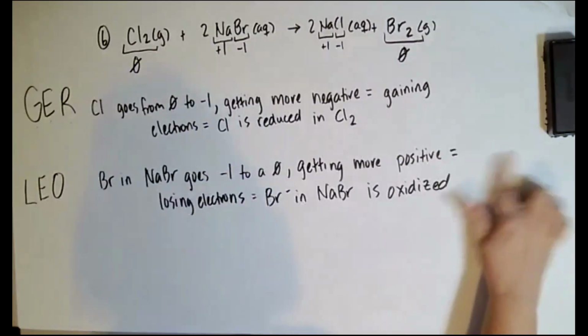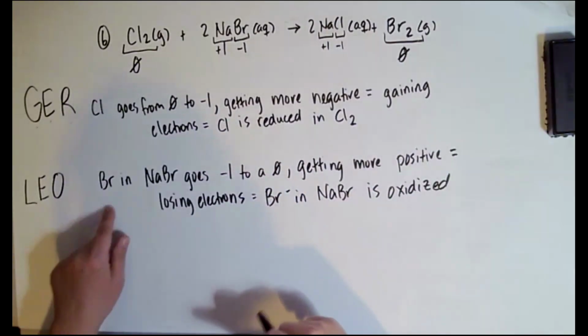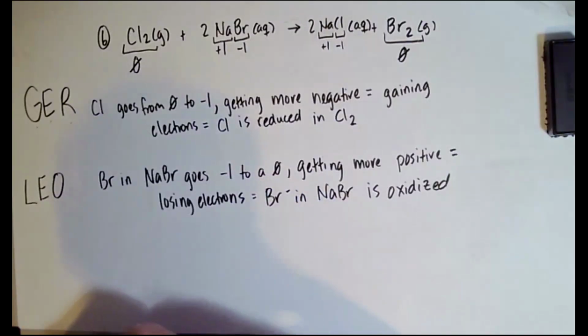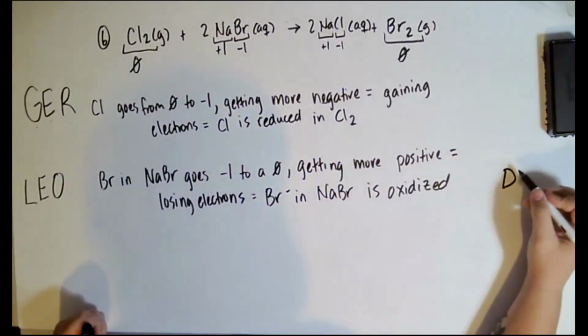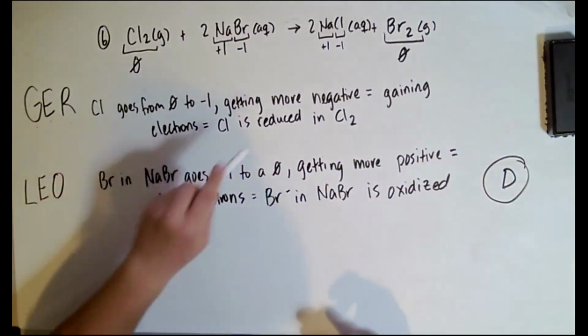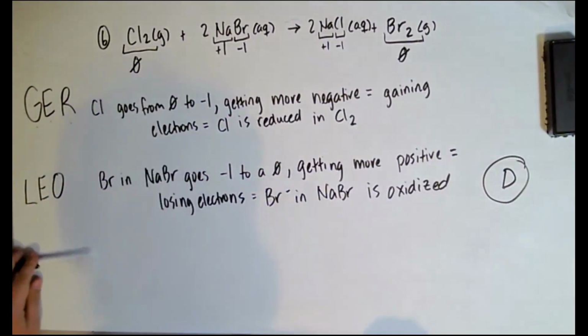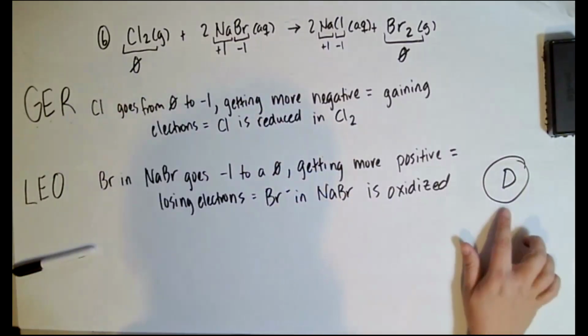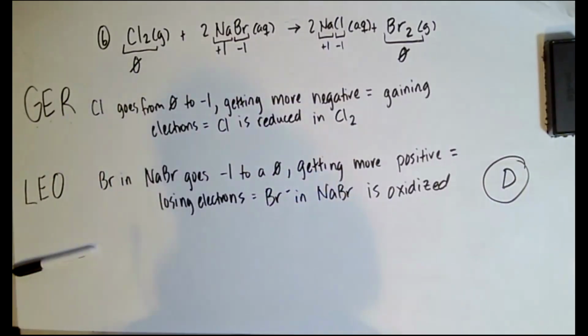Nope, I definitely did. I just read that opposite. Our Br minus in NaBr is oxidized. That's choice D. And our Cl2 is reduced. Sorry about that. Yeah, that matches up with choice D in our answer key.